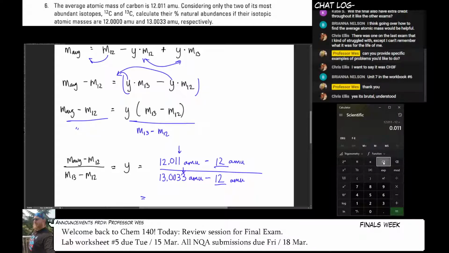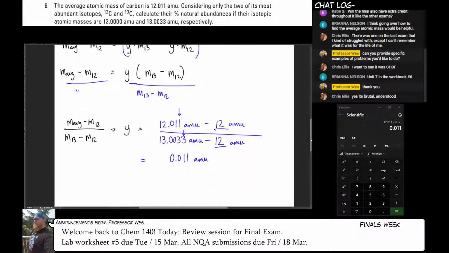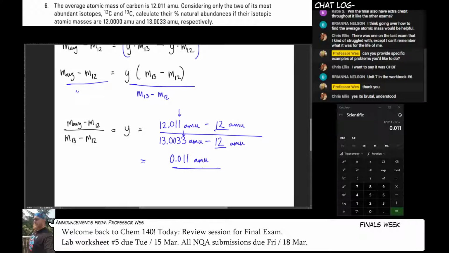I'm going to get just this for my answer for the top number. And then when I do the bottom, I have to keep all those digits, but I'm going to lose that precision anyway.